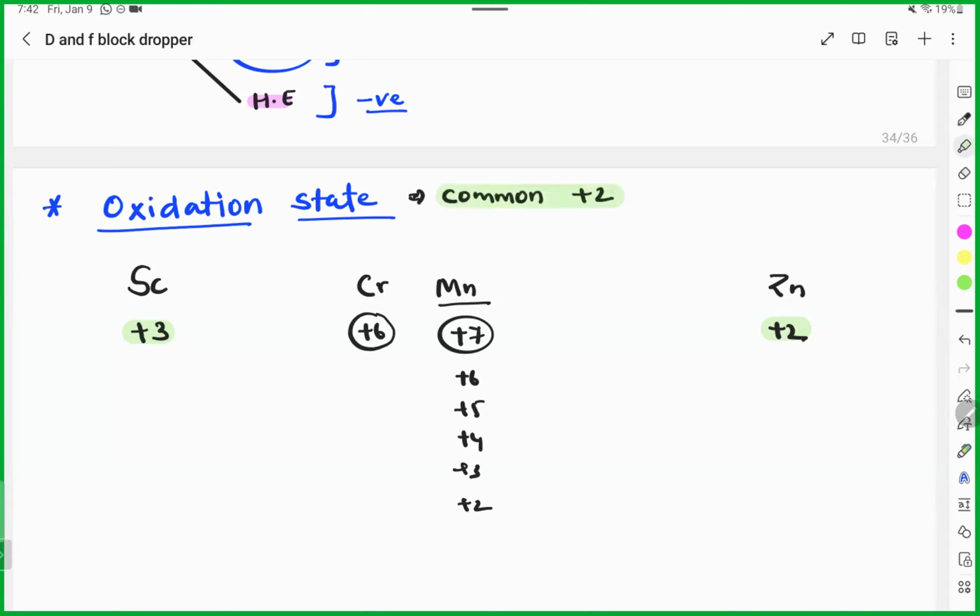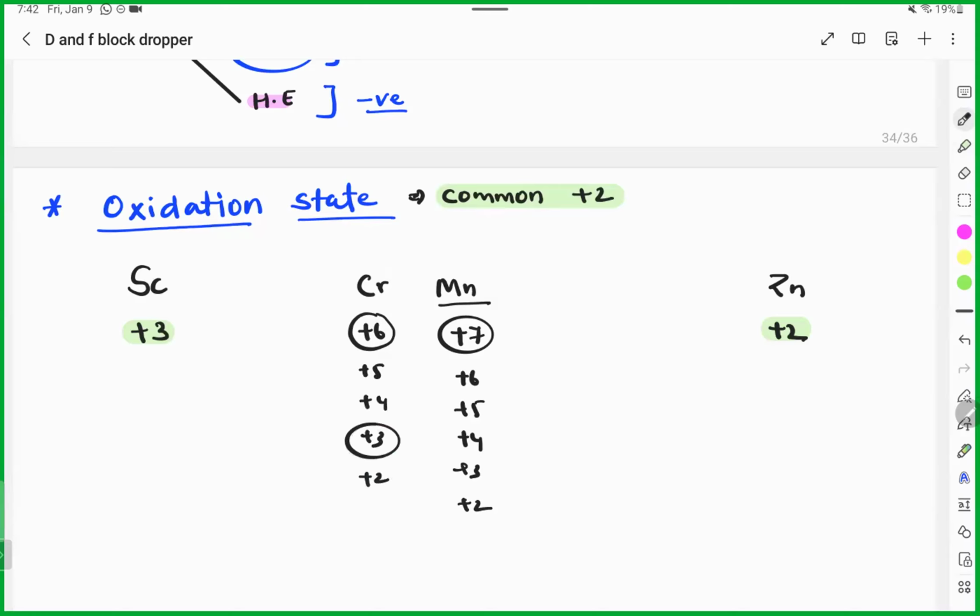Every single element has at least this +2 oxidation state. Scandium is one exception for sure, but all other elements have +2. Chromium shows many oxidation states from +6, +5, +4, +3, +2, but I am marking two of them.